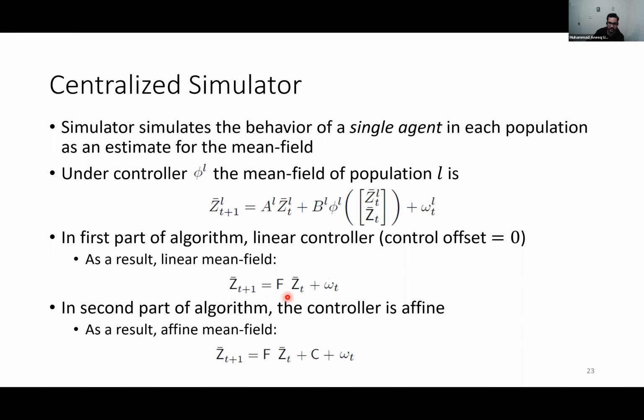So what it means is that F will have eigenvalues less than 1, and what that means is that if omega for some time is very large, it will drive the Z bar back to 0 because of stabilizing F. So in essence, it can have very large values. Yeah.